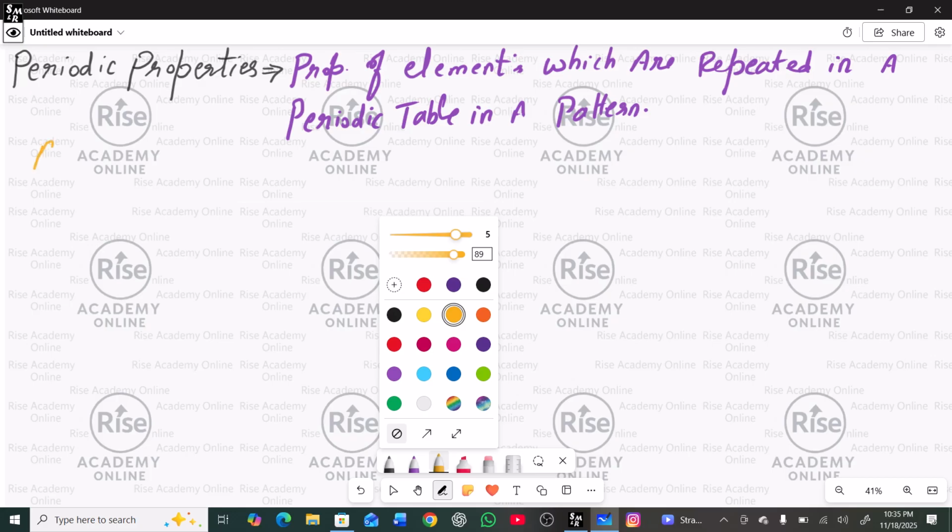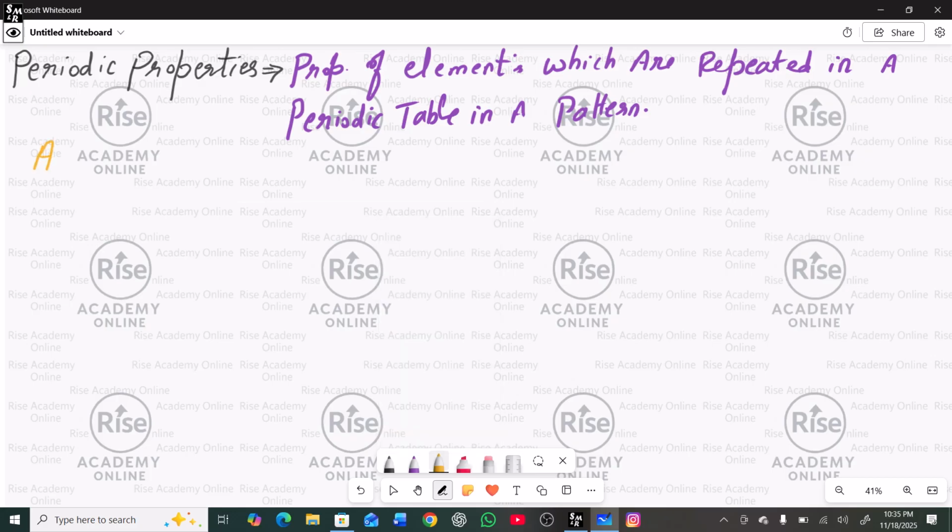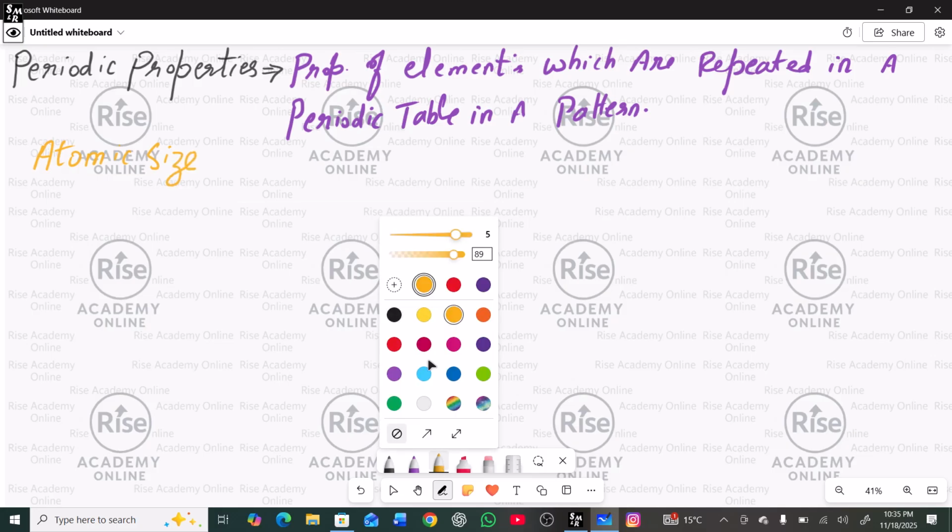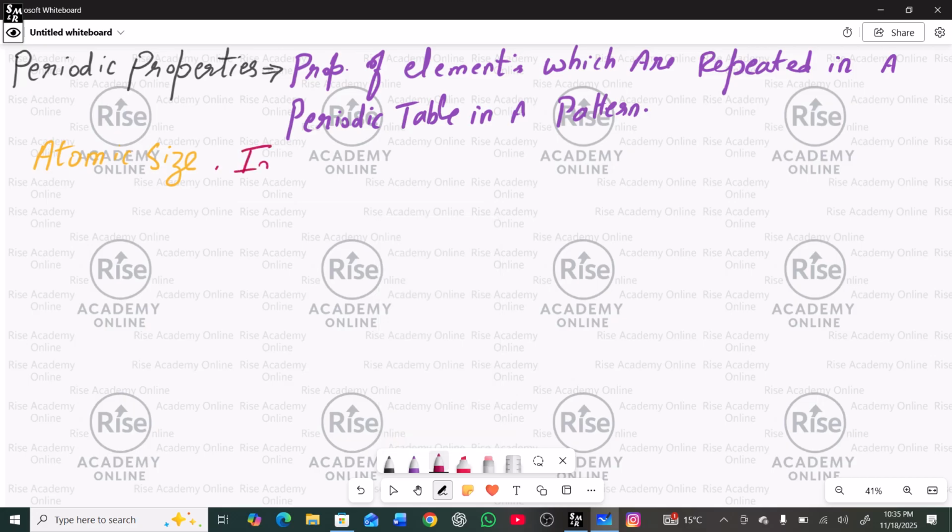The very first property to discuss is atomic size. The second one is ionization energy.